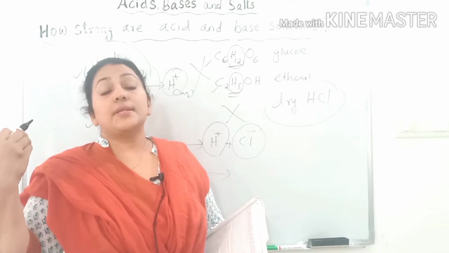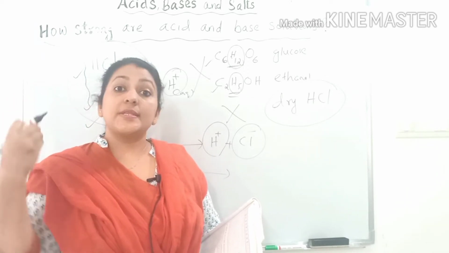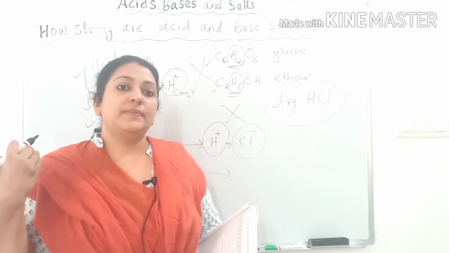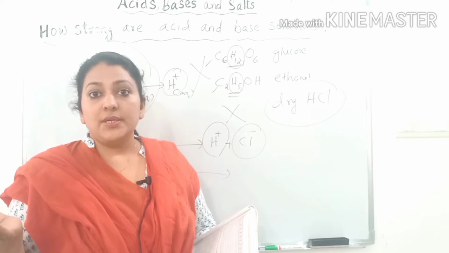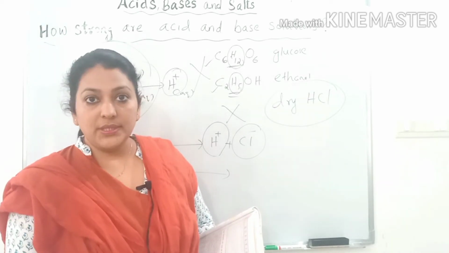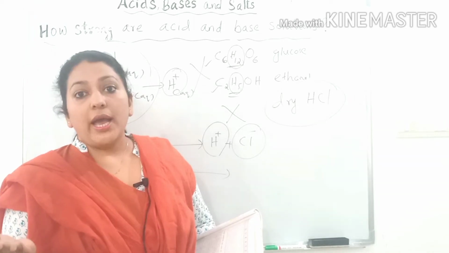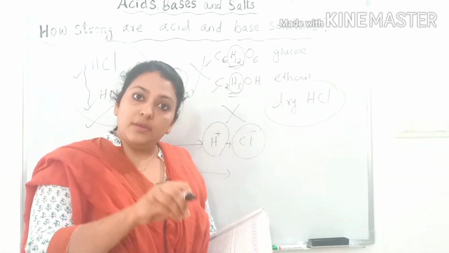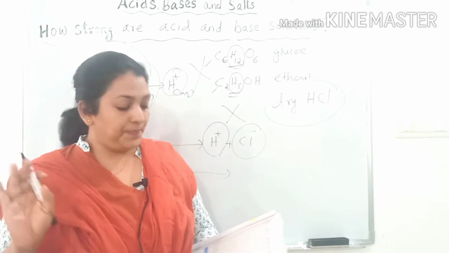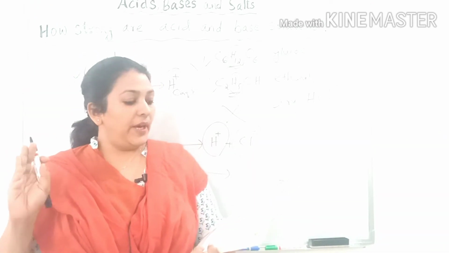The acid will become excessively hot and the solution may get splashed out, which will cause severe burns. So it is not recommended to add water into acid, only acid into water, drop by drop and by continuous stirring. Is that clear?